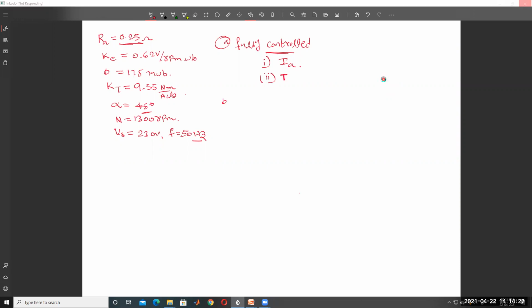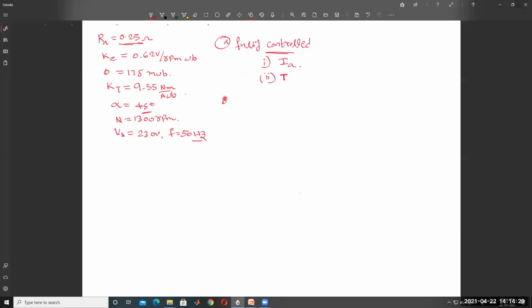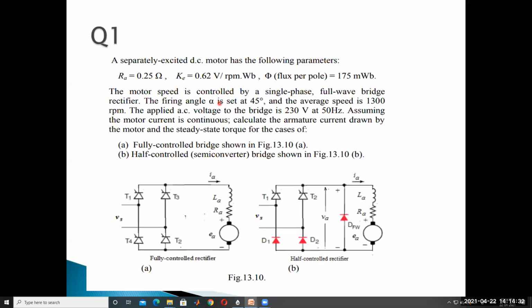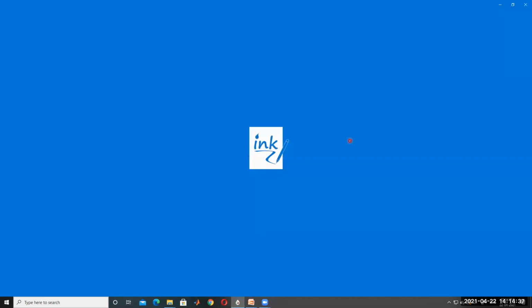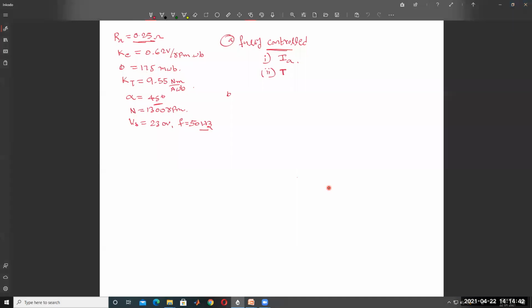Similarly, for the half controlled converter, the semi-converter, also find the armature current Ia, and second, the torque developed by the motor.